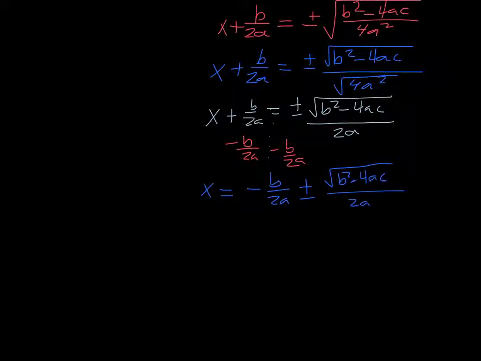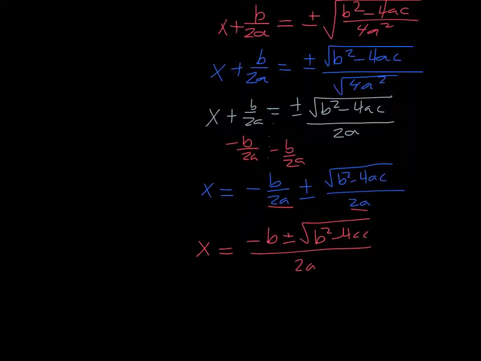Now I notice I have a common denominator here, so I can put that together into one fraction. x equals negative b plus or minus the square root of b squared minus 4ac over 2a.